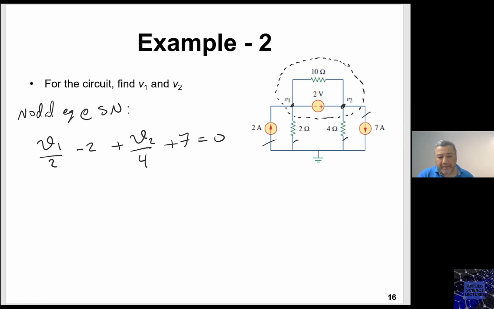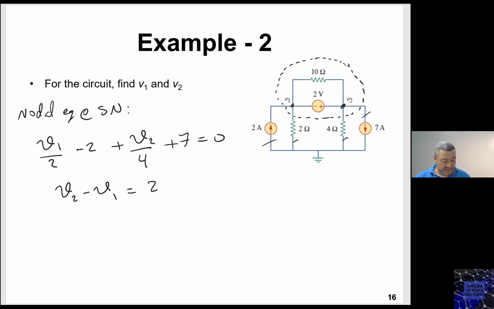It is the binding expression between V2 and V1 due to the 2 volts. So what do I know? I know V2 minus V1 equals 2 volts. Two variables, two equations, problem solved.